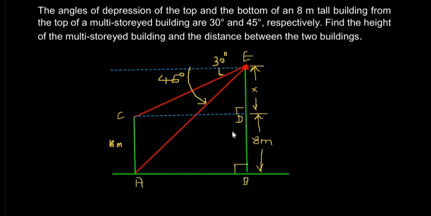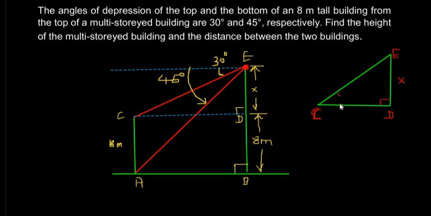Let me draw the triangles separately for you to understand properly. So let this be our first right angled triangle, named C, D and E. This is the right angle triangle and this side is given as x.